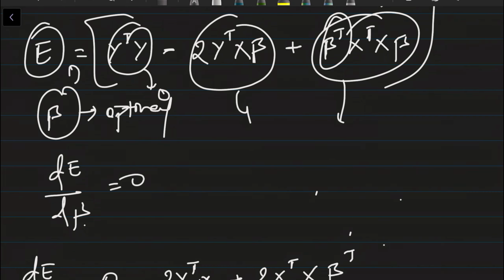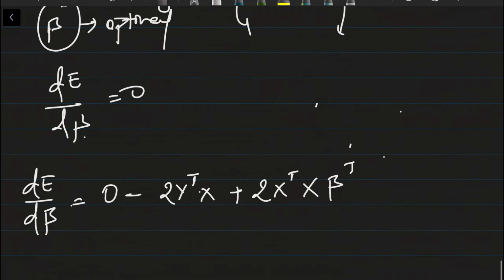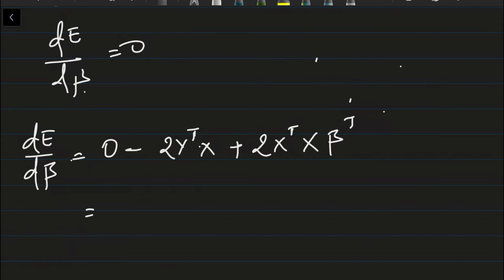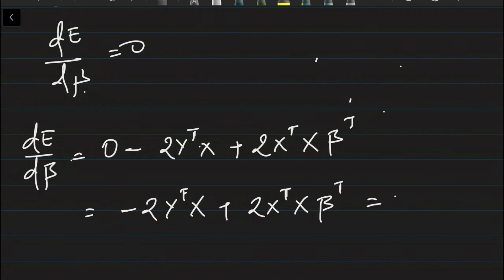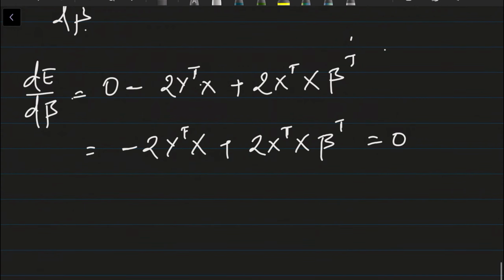So we need to equate this to 0: minus 2 Y transpose X plus 2 X transpose X beta transpose equal to 0.